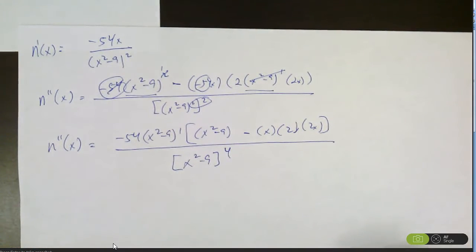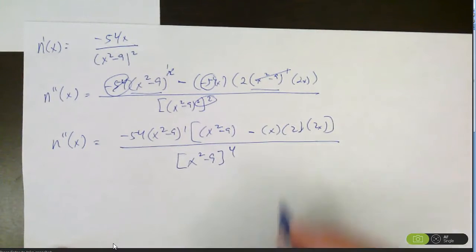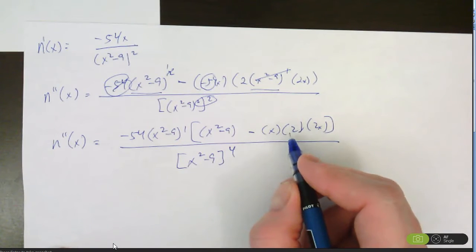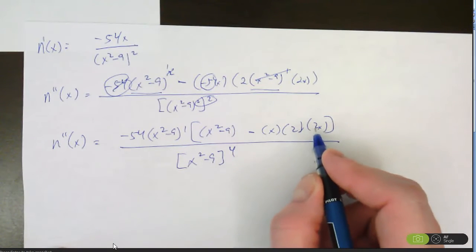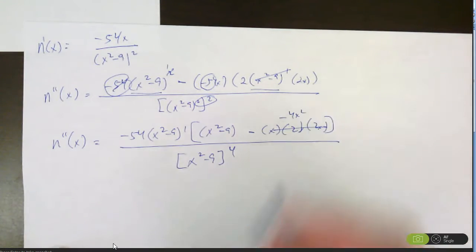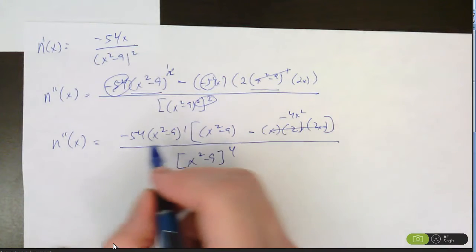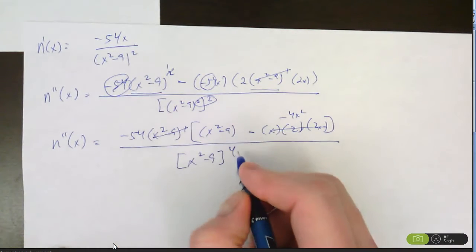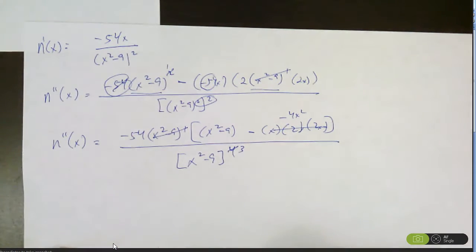Okay. And now two more things are going to happen. First of all, this is minus, minus 2x times 2 times x, so that's going to be minus 4x squared. And then here I can cancel out one of those guys and make that x squared minus 9 cubed.